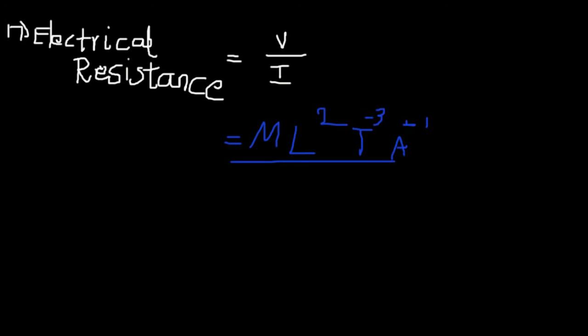Below, I is nothing but A. If A power 1 is in the denominator and we bring it to the numerator, it becomes minus 1. So minus 1 minus 1 is minus 2. So the dimensional formula for electrical resistance is M L square T power minus 3 A power minus 2.